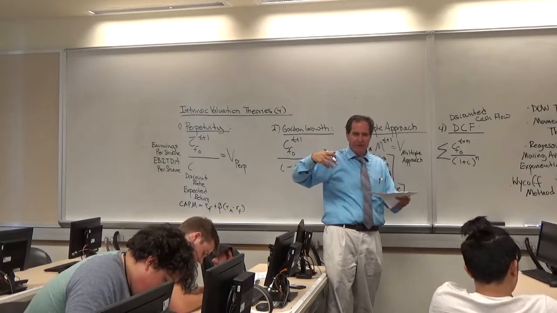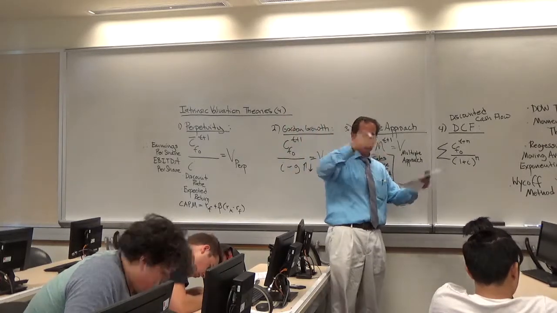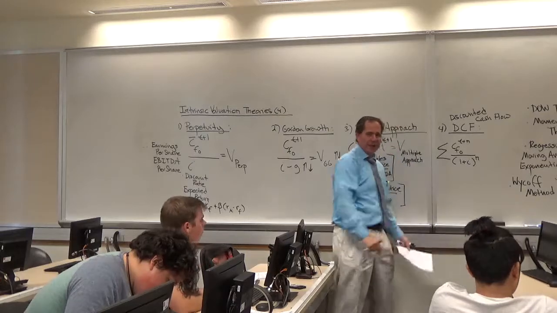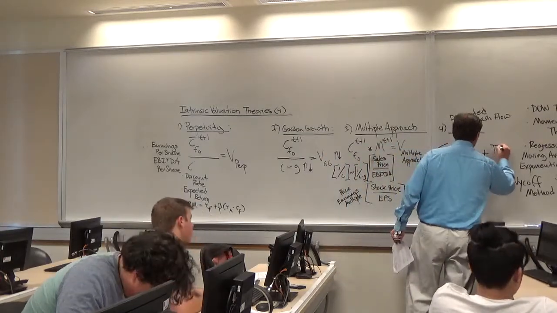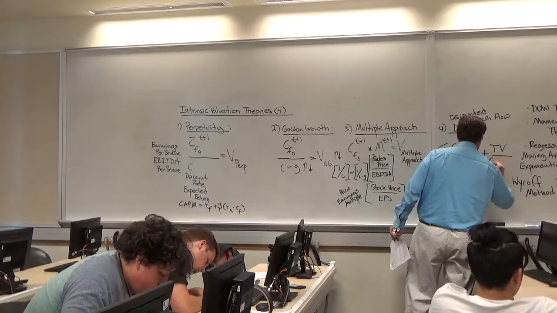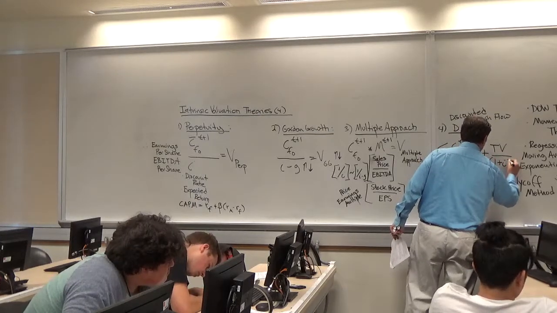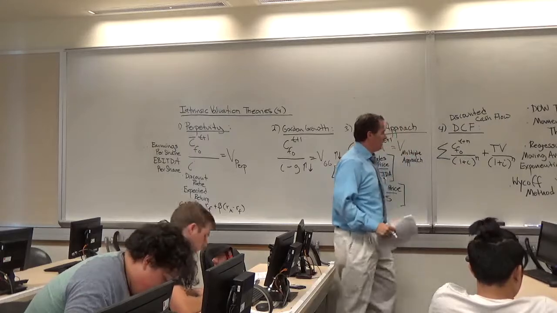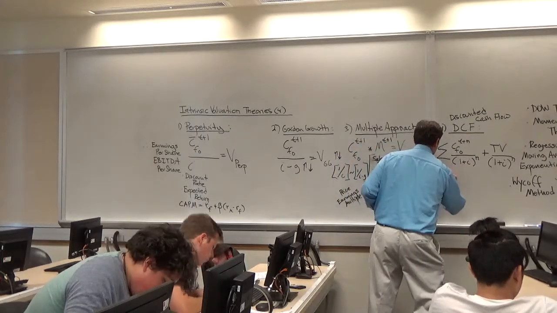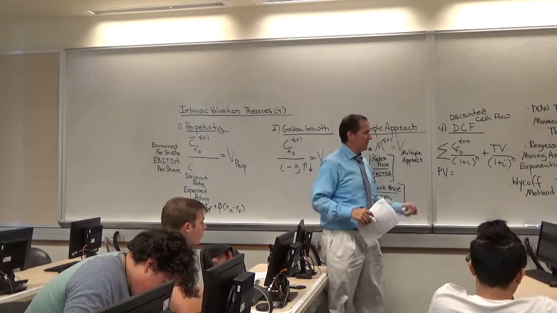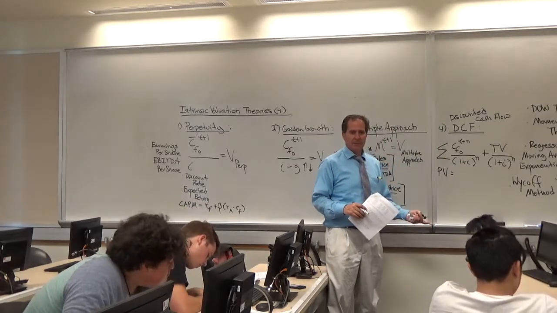Those are the discount factors. You discount the cash flows to the present, you get the present value of the cash flows. Okay. Then you add the terminal value, discounted by 1 plus I to the n. You discount it all back to get the present value, PV, of the discounted cash flows.